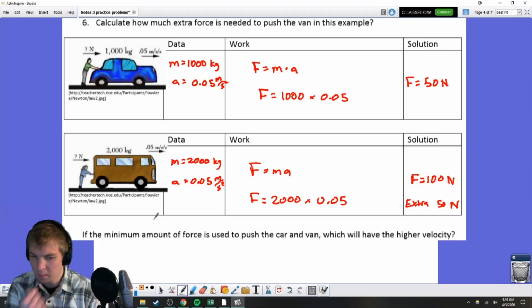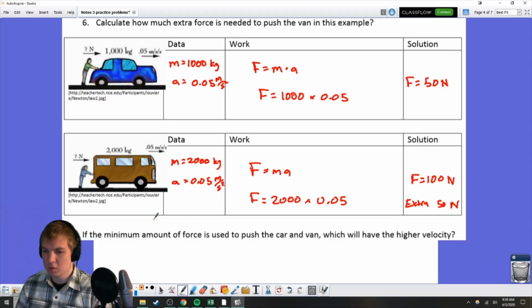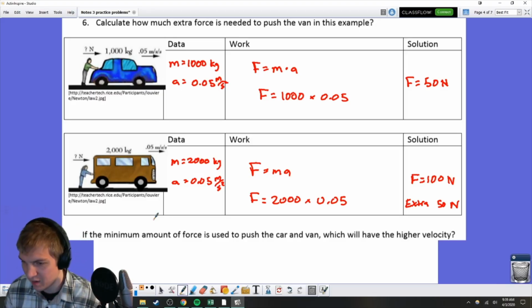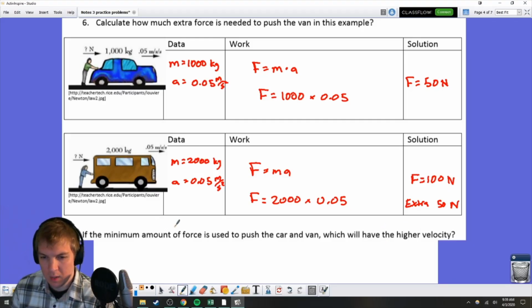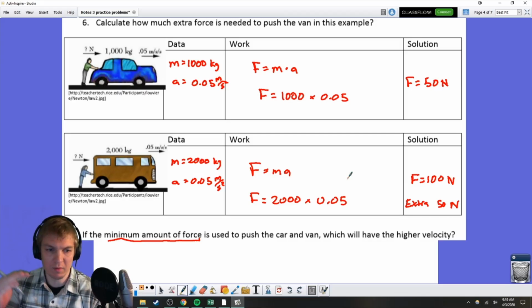We have a question here on the bottom that says, if the minimum amount of force is used to push the car and van, which will have the higher velocity? There are a couple of ways I can interpret this question. If we're talking about the minimum force for the car and the minimum force for the van, let's say the minimum force is the same for both.